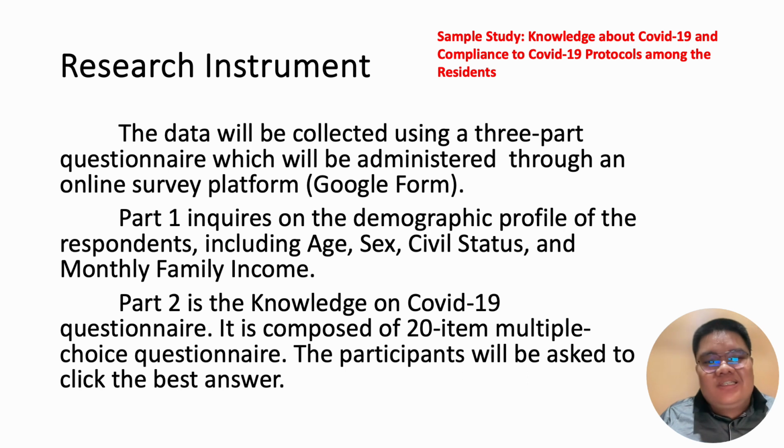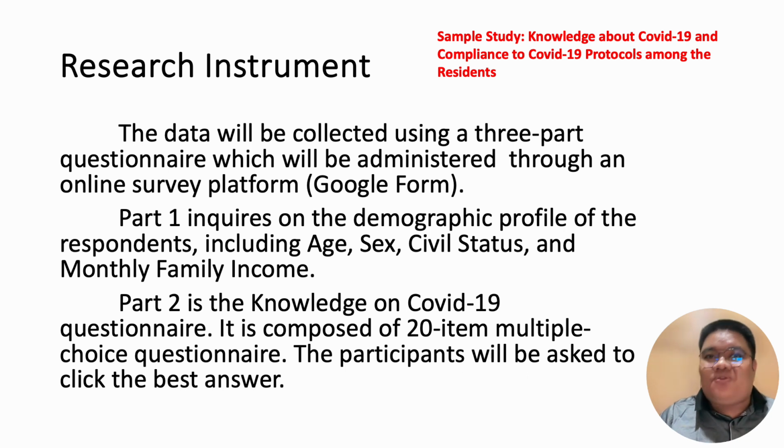Now, in this example, part 2 is the knowledge on COVID-19 questionnaire. It is composed of 20-item multiple choice questions, and the participants will be asked to click the best answer. In this case, it will be clicking the best answer since it will be administered through an online survey platform. So it is clear that there will be 20 items.